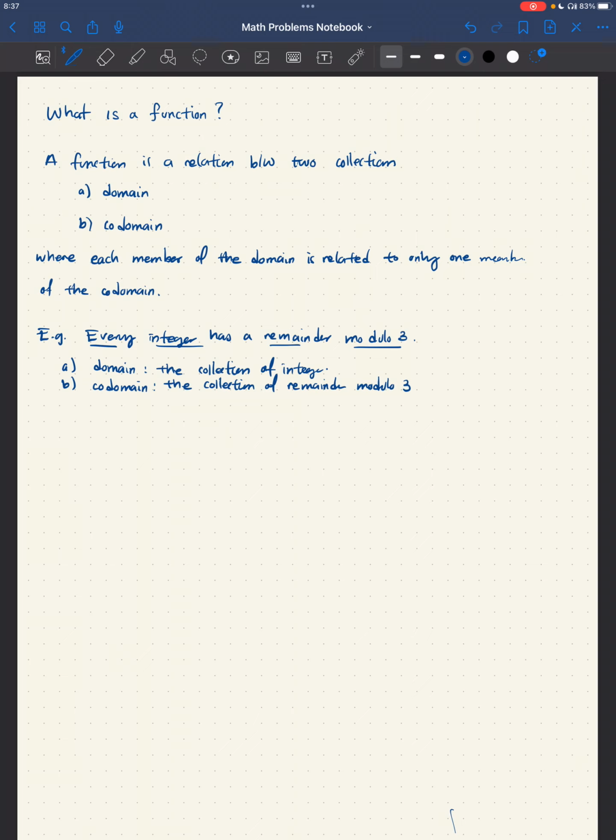Well, in this case, this relation that we're stating here is a function because every integer leaves a unique remainder when divided by 3.